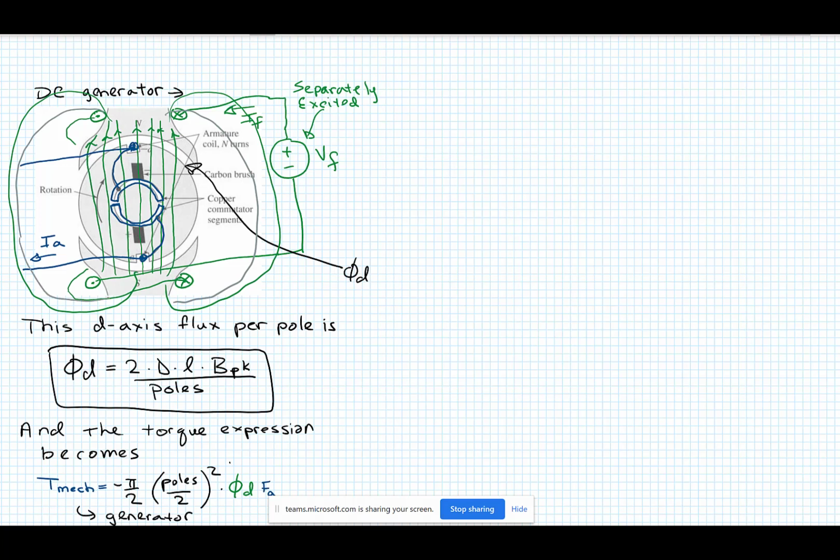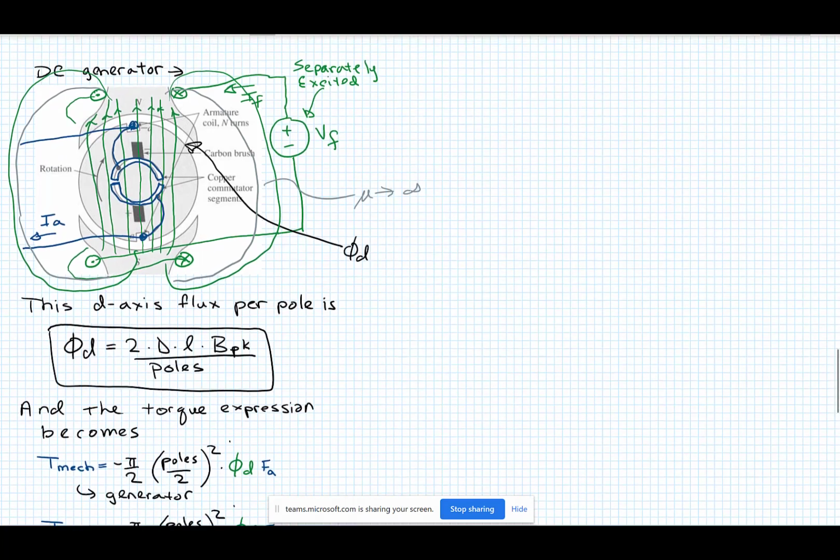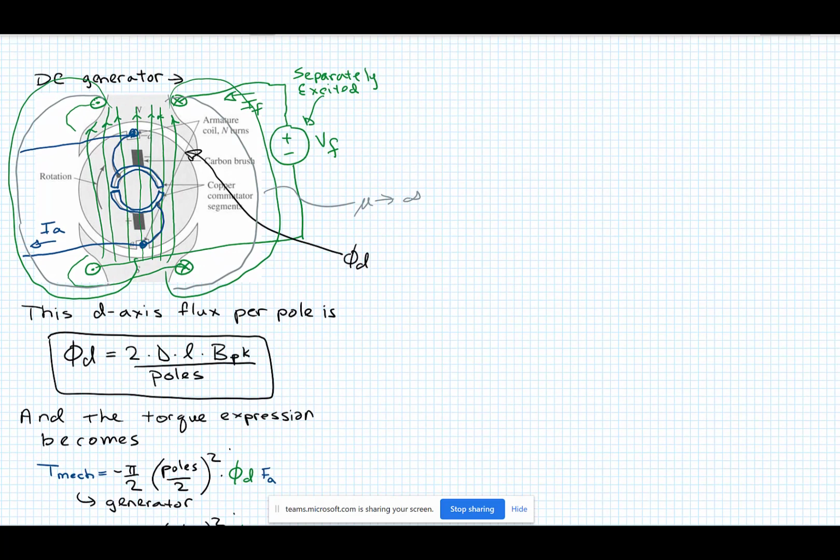And generally with these, we'll always assume right now, to simplify our world, that the permeability in the iron is nearly infinite. So we're really ignoring the reluctance of the iron. And I'm also showing that the current is being supplied, and you already had this thrown at you in the labs, that there are different ways to excite the field.